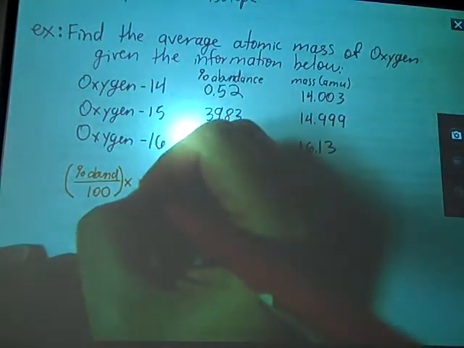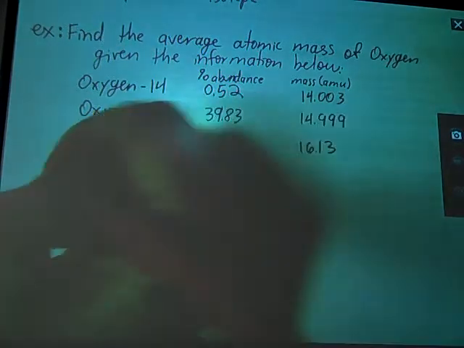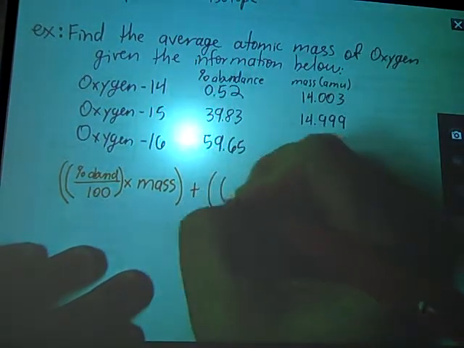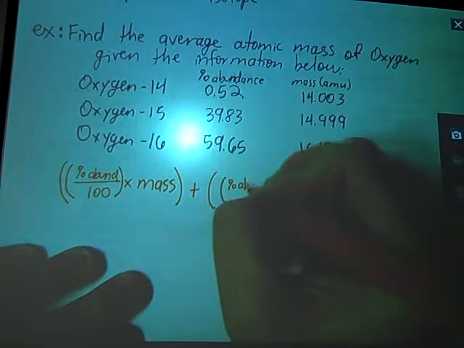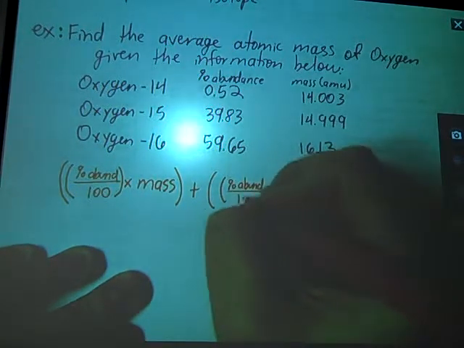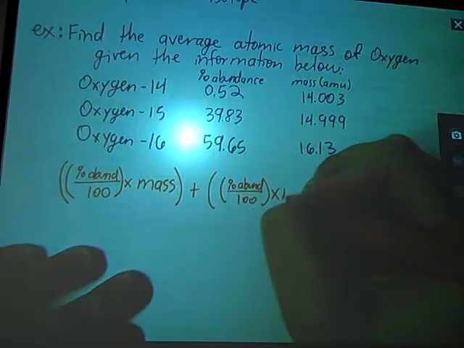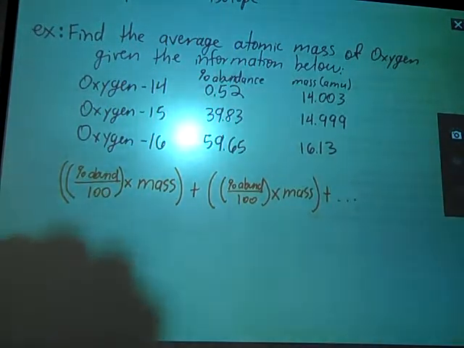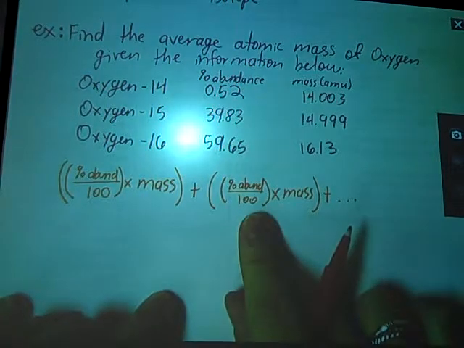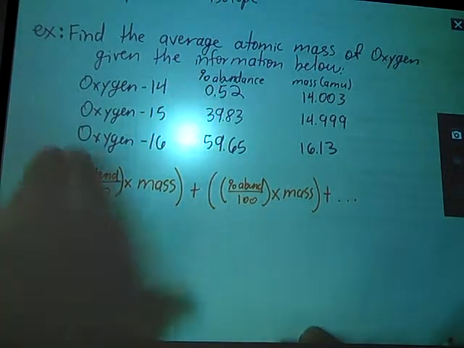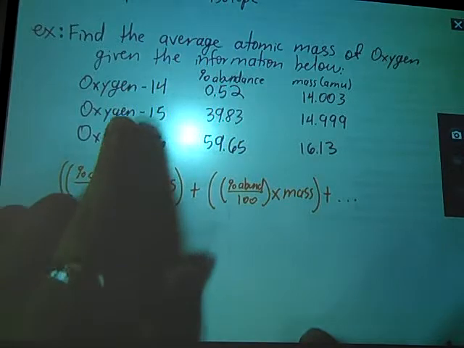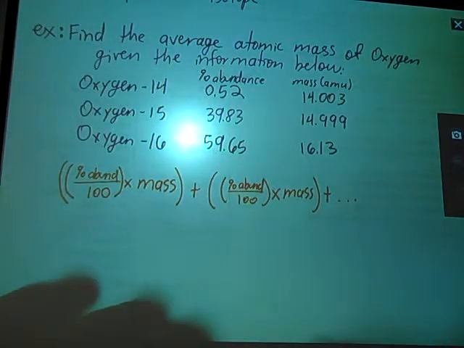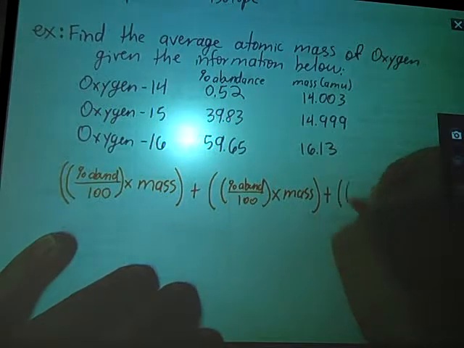And that times the mass that goes with that particular percent abundance plus my next percent abundance divided by 100 times its mass plus so on and so forth. So you will have as many terms as you have isotopes. This problem has 3 isotopes, so I will have 3 terms like this. Go ahead and put the third one in here.